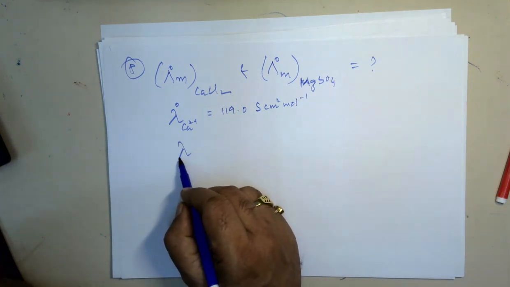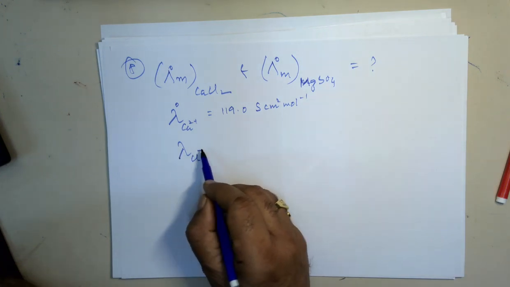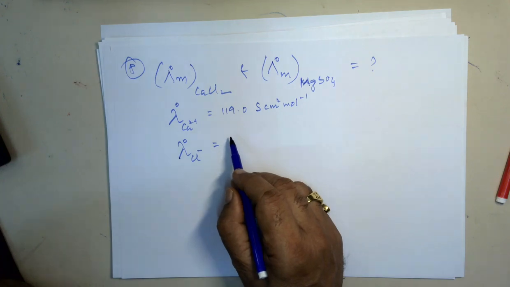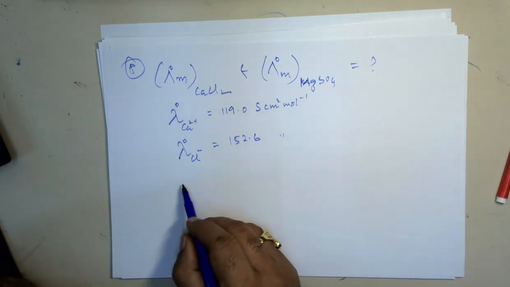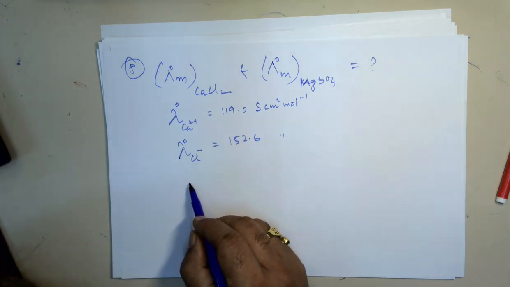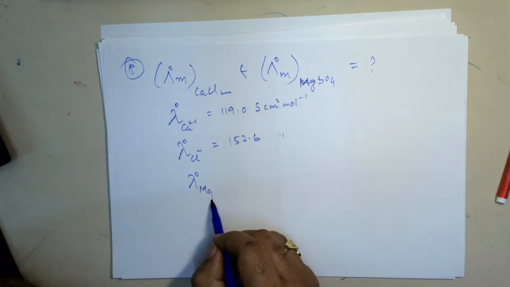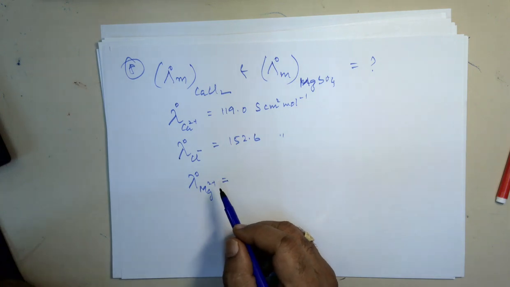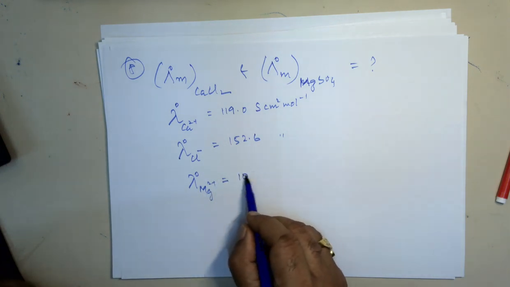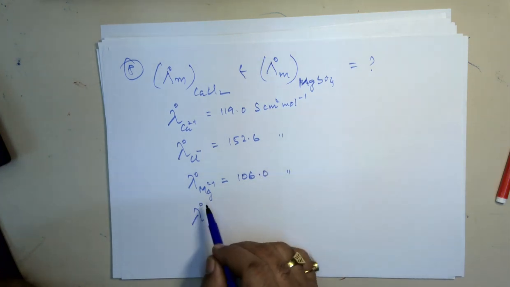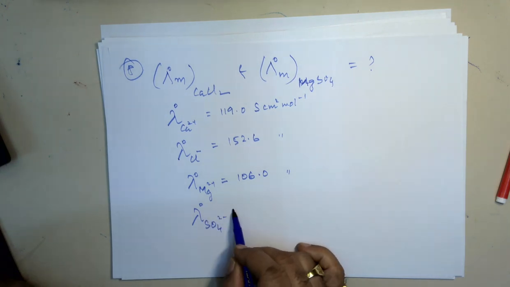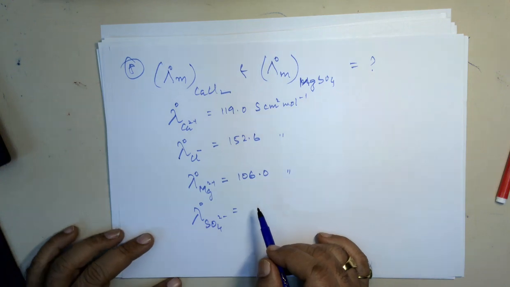For chloride, the value is 76.3 Siemens centimeter square per mole. For the magnesium ion, Mg2 plus, the value is 106. And for sulfate, SO4 2 minus, it is 160.